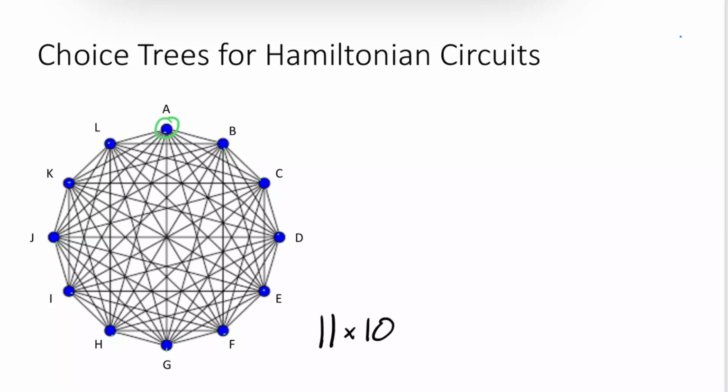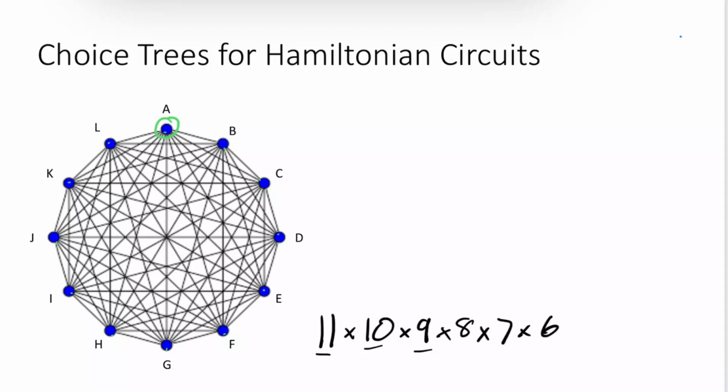And then after you go to that second vertex, then you have 9 choices of where you can go. And essentially you're going to keep on doing this until you've visited all of the vertices. So you'd say, okay, I start at A, then I go to the second vertex, the third vertex, the fourth one, the fifth one, the sixth one, there's 7 choices for the 6th one.